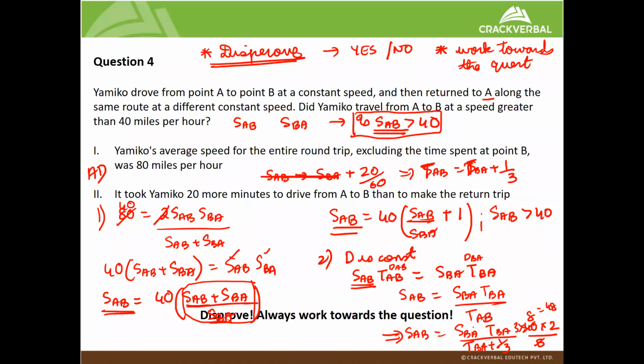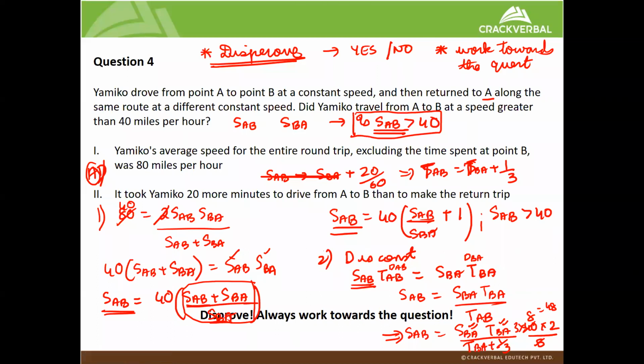But I can take SBA also to be 1 and TBA to be 2. So clearly, since I can manipulate the terms for SBA and for TBA, I know that SAB can be either greater than 40 or less than 40, since it depends upon the value of SBA. So clearly the second statement is insufficient. The answer here is A.